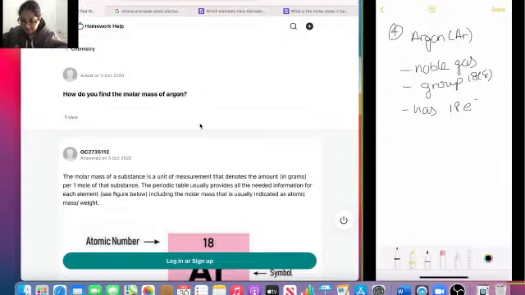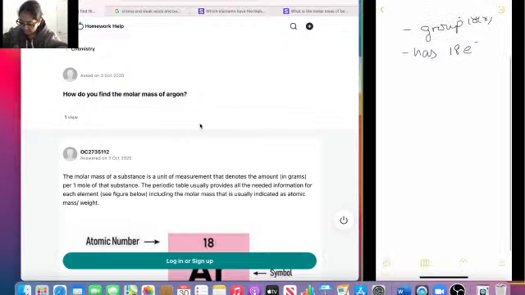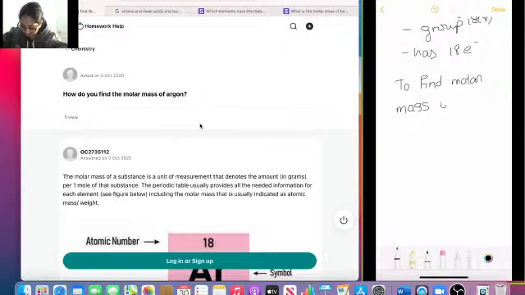So we can basically say that to find the molar mass, we can first relate this to the atomic mass.